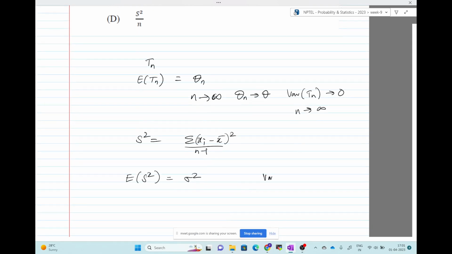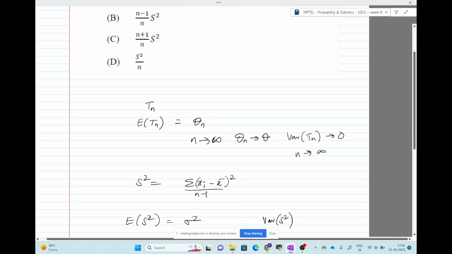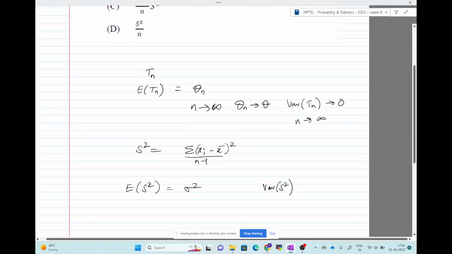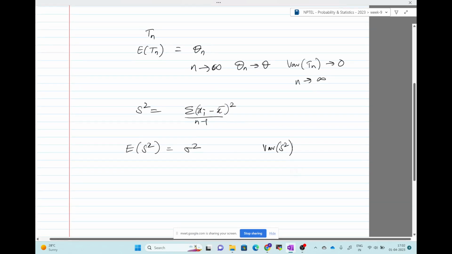And what is the variance of S square? Any idea?